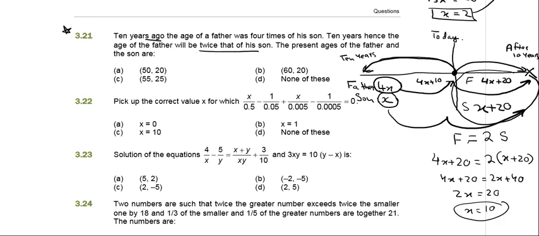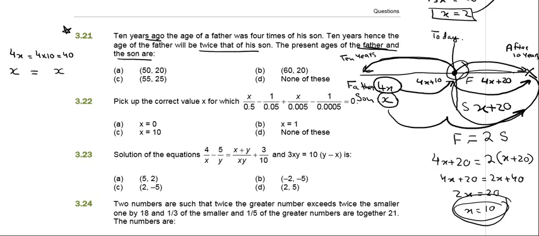The question says, what are the present ages of the father and son? What is their age today? Remember, this value of x is 10. We know that 10 years before today, father was 4x years old, which means he was 4 into 10 or 40 years old. 10 years before today, son was x years old and therefore he was 10 years old.